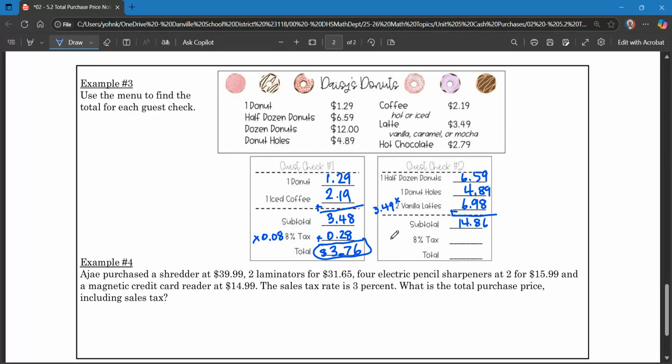Your sales tax rate is 8%, so we're going to multiply by 0.08, and that's going to give us $1.19. We're going to find the total purchase price or the total by adding them up, and you're going to get $16.05 for guest number 2.